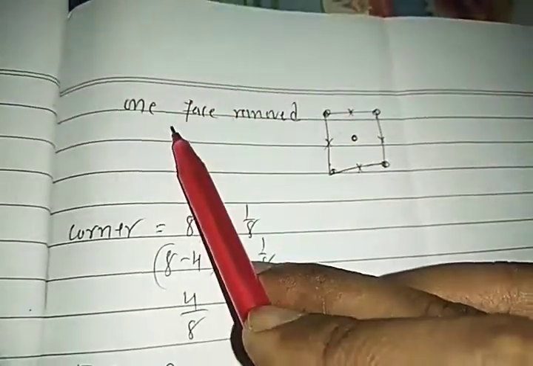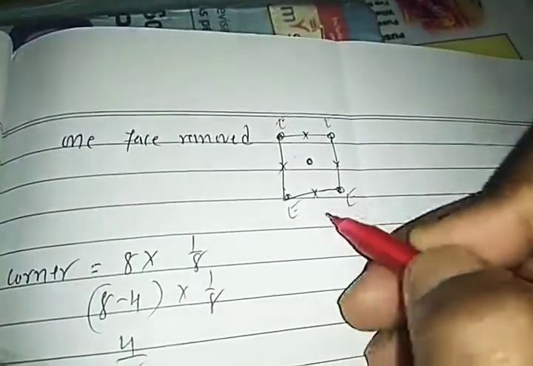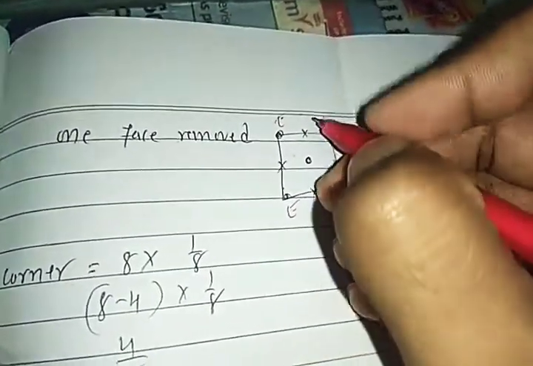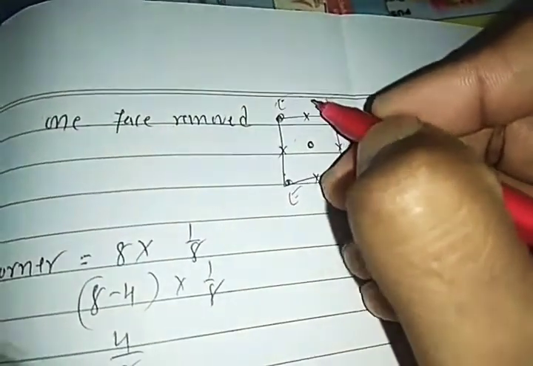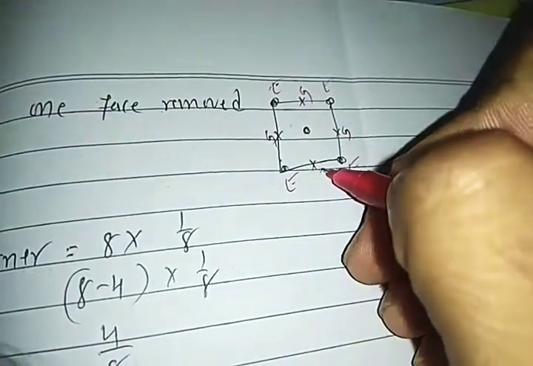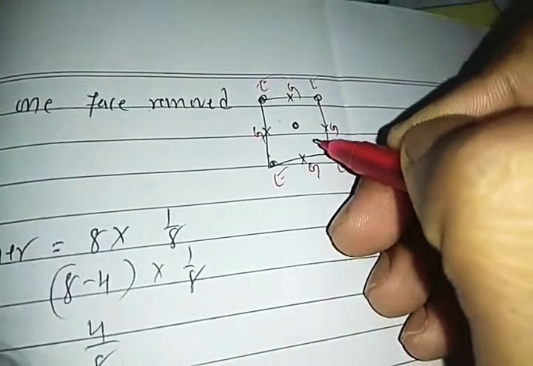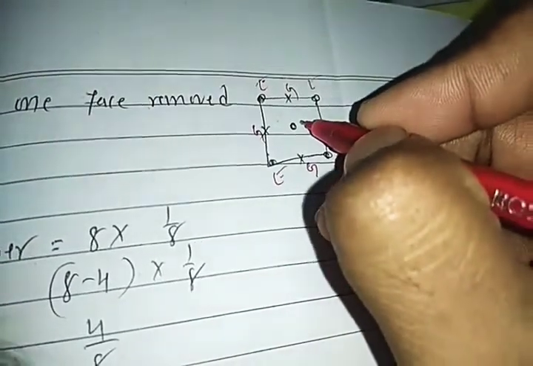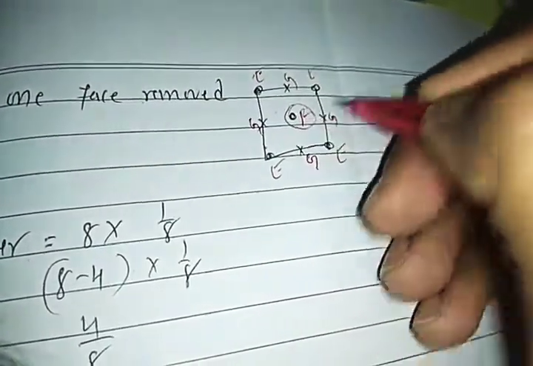Let's see what the formula is. One face contains E, E, E, E, 4 E, and this star is G, students, and this is F, right?